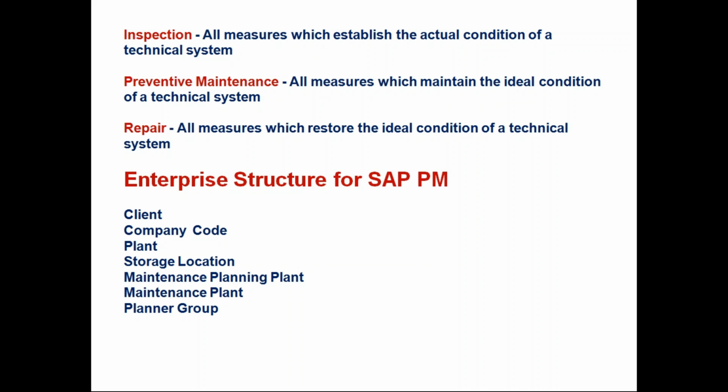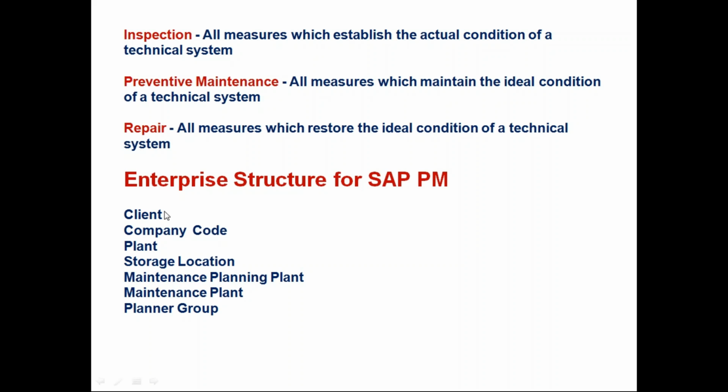Now coming to the enterprise structure of the SAP PM module. What does enterprise structure mean? Mapping the company's business hierarchy to the SAP ERP system is called organization structure or enterprise structure.